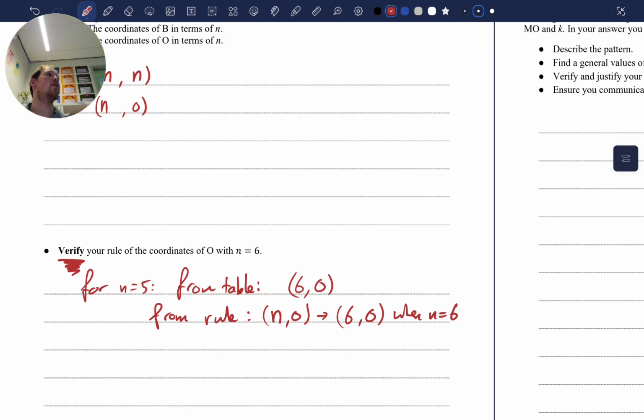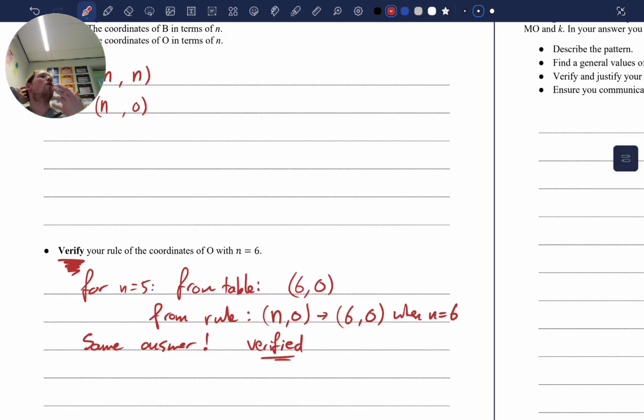Hey, what do I notice about these two? They are the same. Same answer. So the table method and my rule method both gave the same answer, and therefore this verifies that my rule is indeed giving me the same types of answers as my table would. So I can say it's verified.